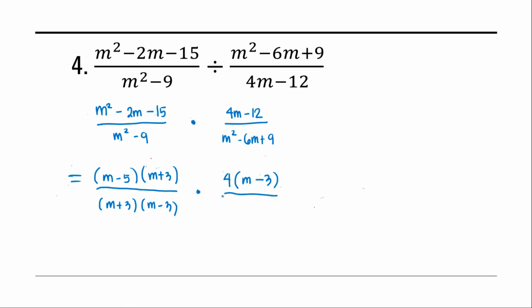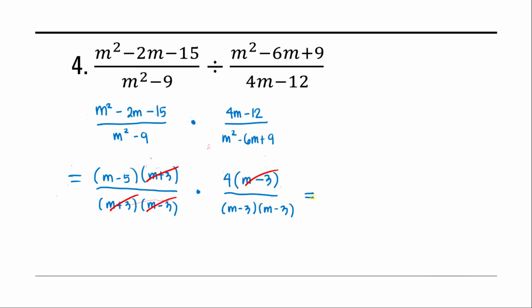Next, we have m squared minus 6m plus 9. So, again we think of two numbers wherein the product is 9 and the sum is negative 6. So, that is m minus 3 and another m minus 3. Let's cancel out the common terms. We have m plus 3 and m minus 3.